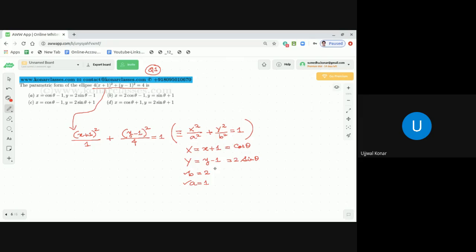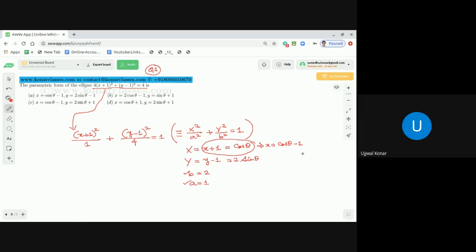So what we get? x + 1 is equal to cos theta. From here, we get the value of x: x is equal to cos theta minus 1. So dear students, the moment you see that x is equal to cos theta minus 1, one thing we are pretty sure of is that either option A or option C is going to be correct.